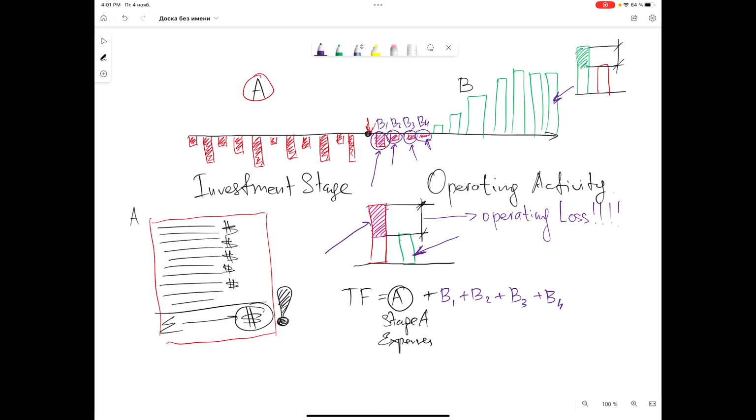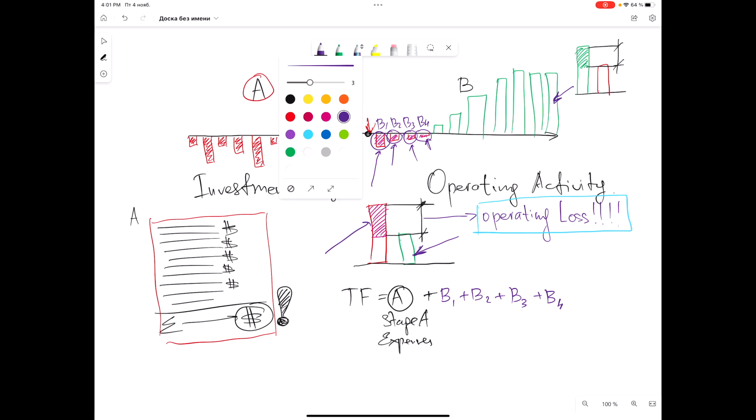And this is a very important thing that you need to know about your business idea, because when you plan something, your financing for your business idea consists of two parts. The first part is investment stage expenses.